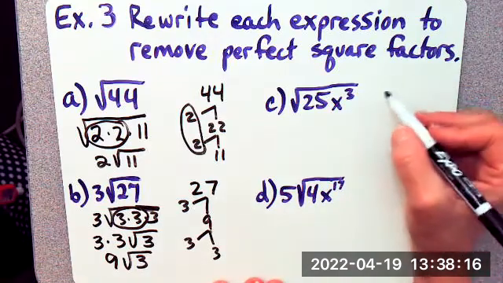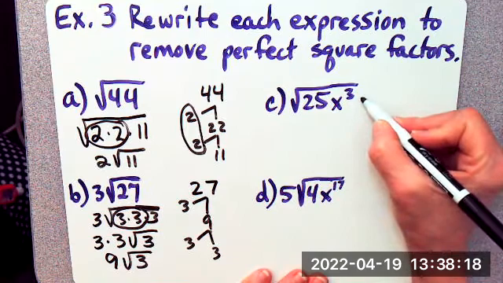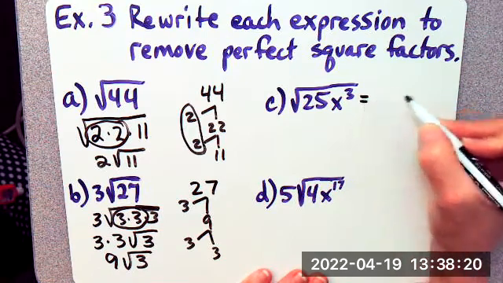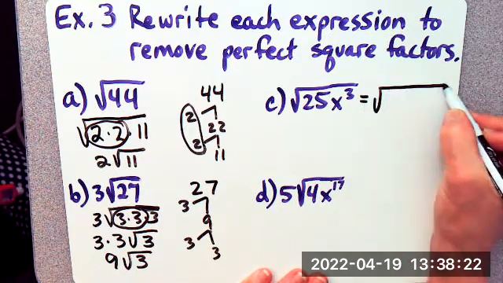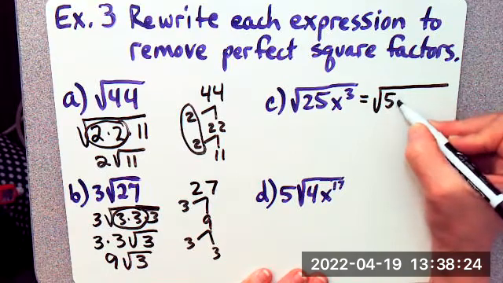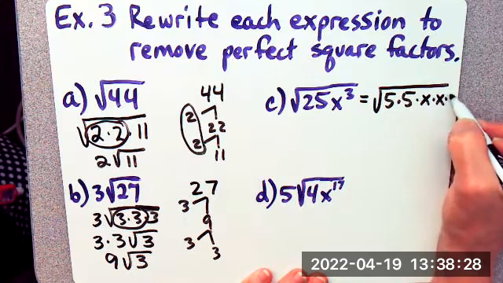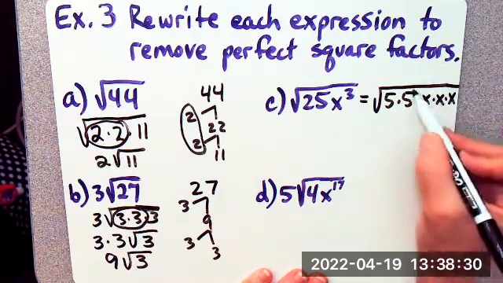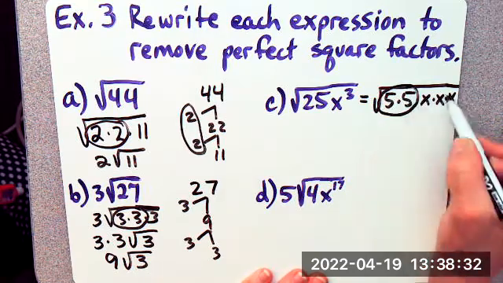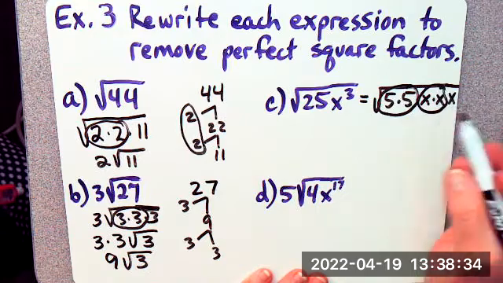All right, so let's take a look at this one. We know that 25, the prime factors are 5 times 5 times x times x times x, when we have x cubed. So this can leave the house and this can leave the house.